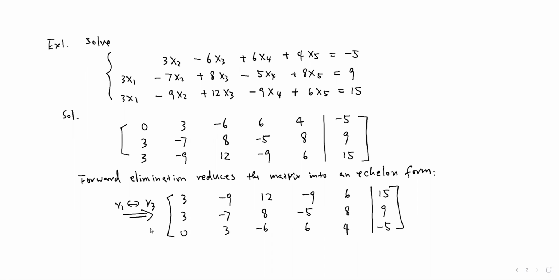Now I use this number as my pivot entry to do elimination. -1 times row 1 plus row 2, put the result in row 2.